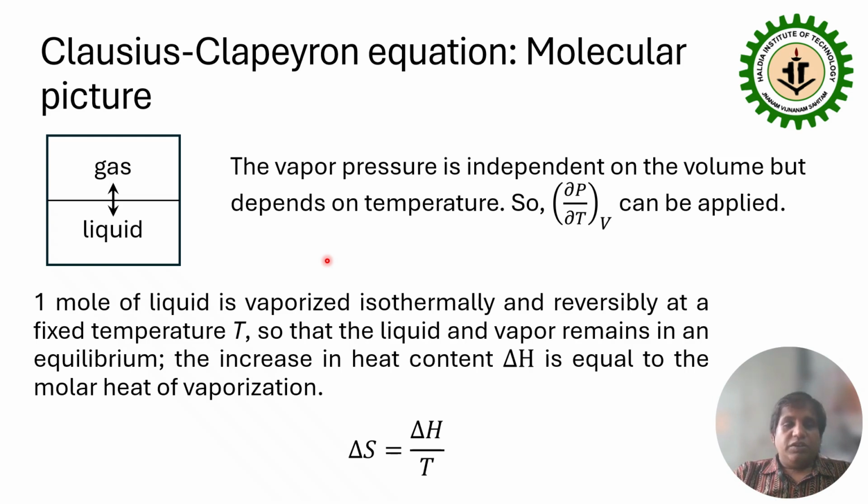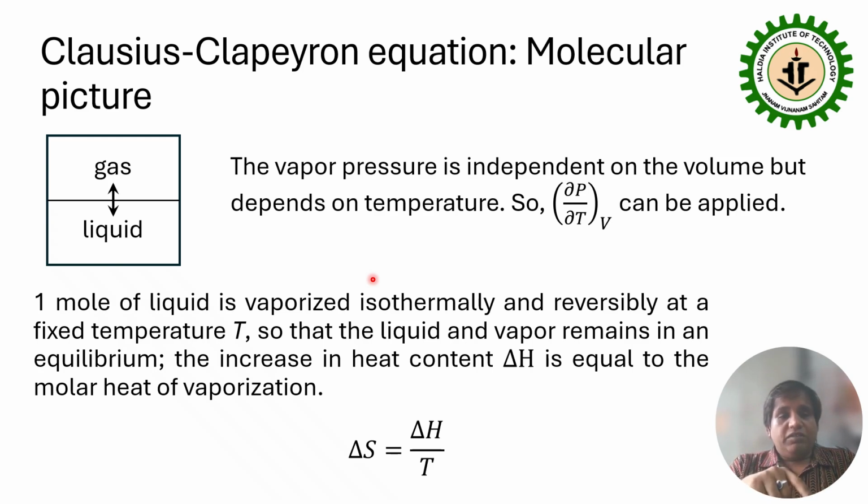Now consider that 1 mole of liquid is vaporized isothermally and reversibly at a fixed temperature T, so that the liquid and vapor remain in equilibrium.